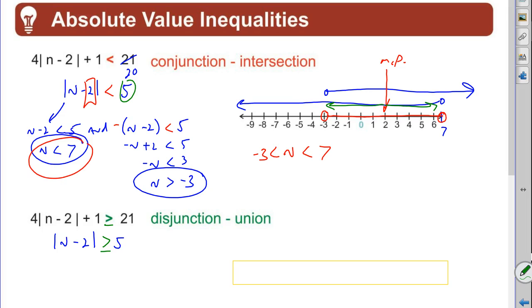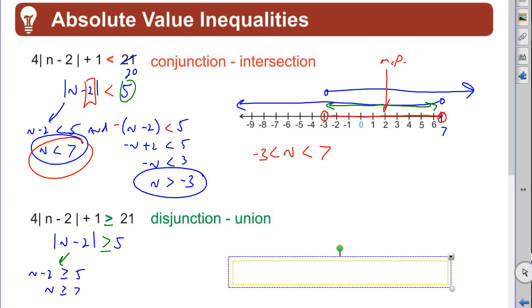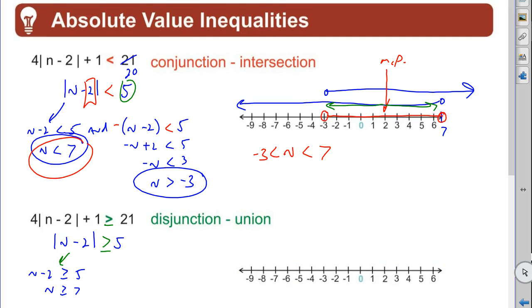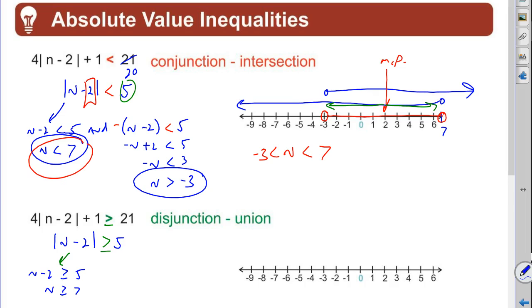So watch. Again, remove and solve, greater than or equal to 5. You get n greater than or equal to 7. Here I'm going to graph as I go. This is a dot over the 7, arrow to the right. Now when you do the other one, again, you're going to put a negative out in front.